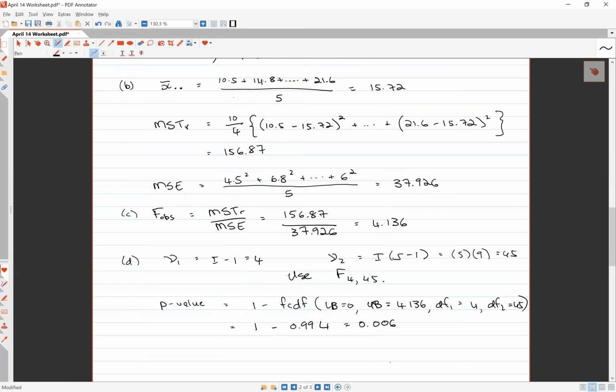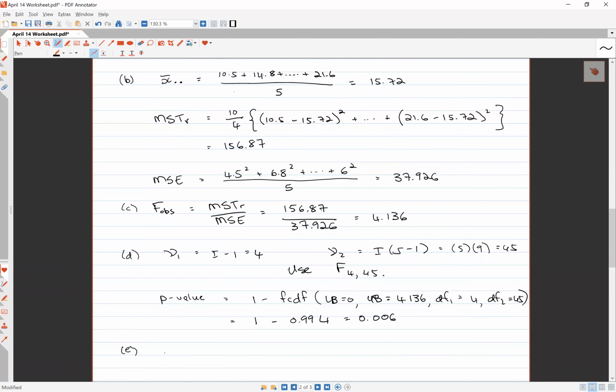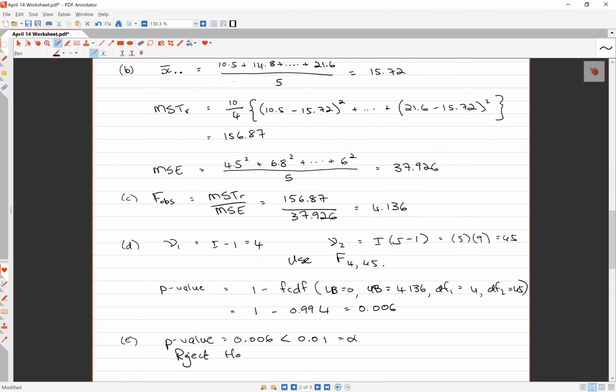So in this instance, we're trying to reach a conclusion at the 1% level of significance. So our p-value is less than the alpha, which means we reject the null hypothesis.